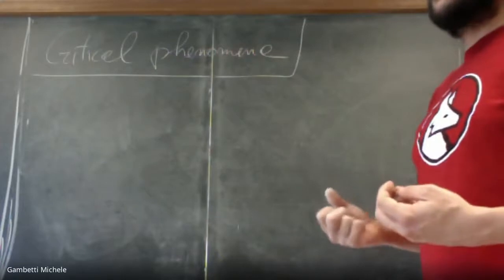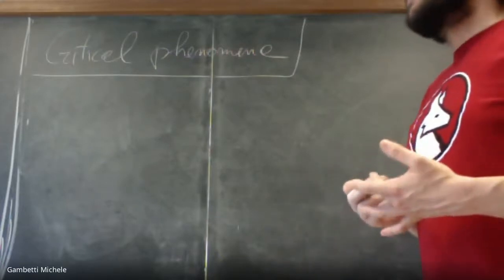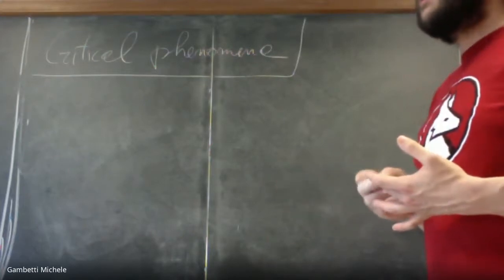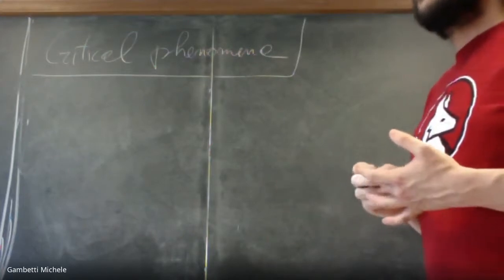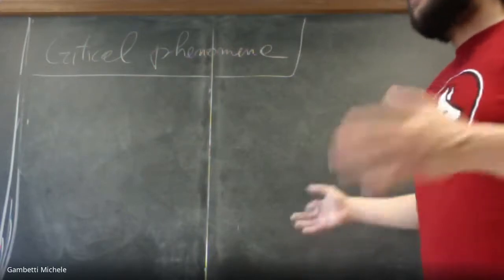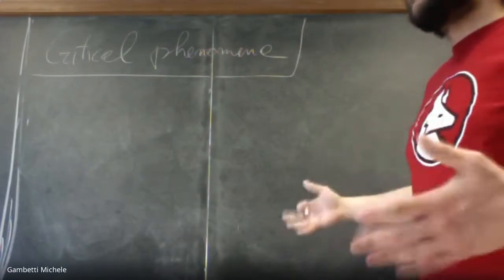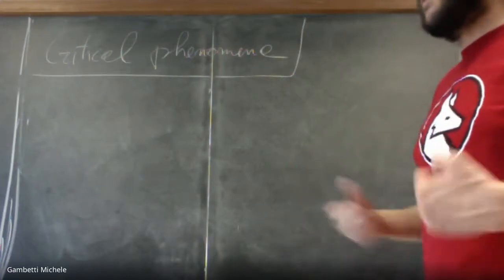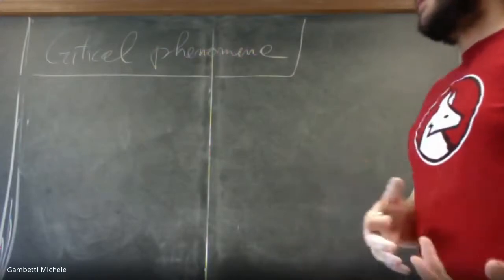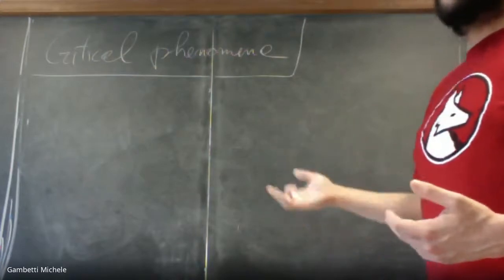What is interesting about this kind of physics is that it's universal, in the sense that you can have many different types of systems with different microscopic interactions and different properties that behave in exactly the same way close to the critical point.